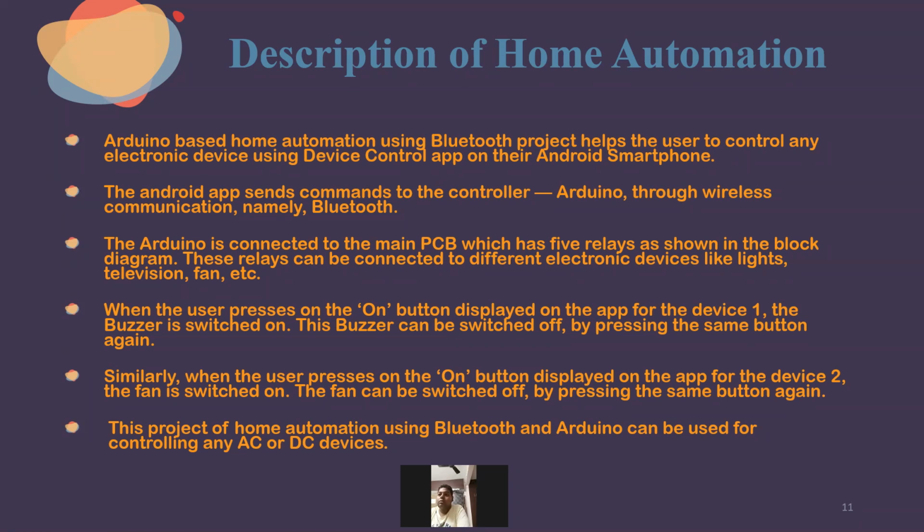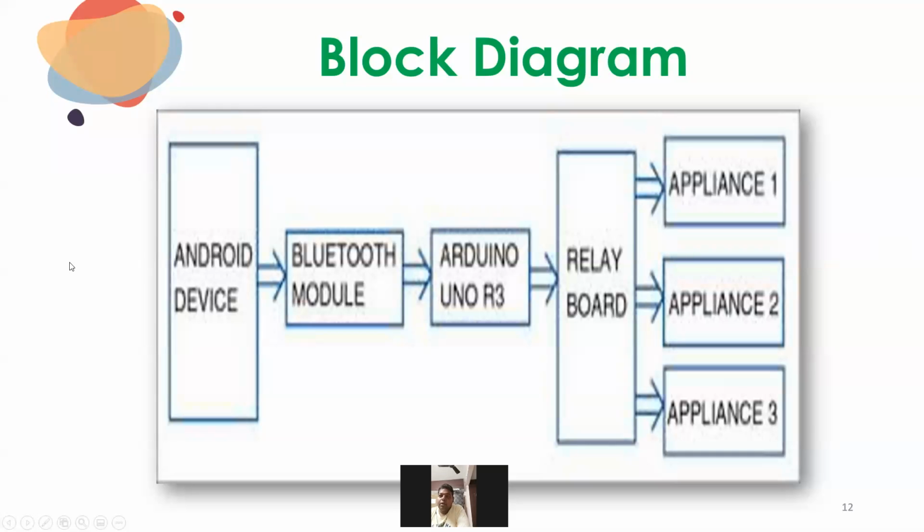according to the user. This project of home automation using Bluetooth and Android can be used for controlling any AC or DC device. For better understanding, let's move to the block diagram. Looking at it, it looks very simple, and it is as simple as it looks.